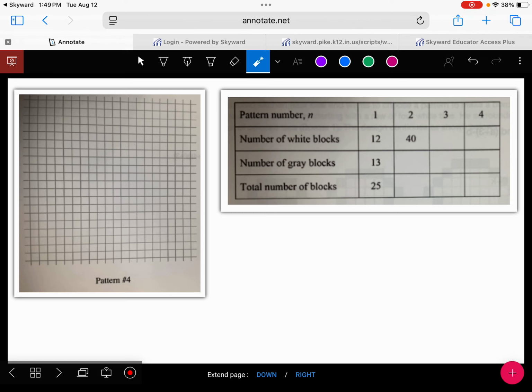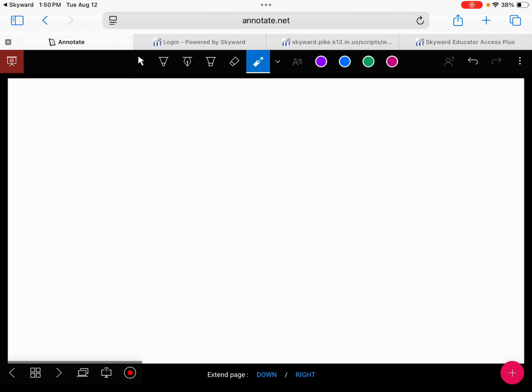We have to make sure that we notice all parts of the pattern. Lots of pieces. I'll go back over to patterns 1, 2, and 3.